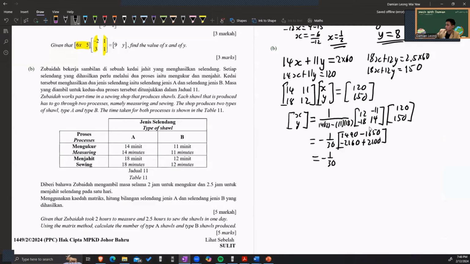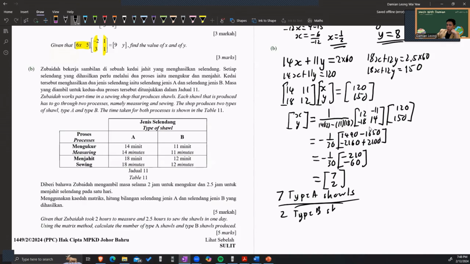So negative 1 over 30. This is negative 210 and negative 60 times the negative 1 over 30 is 7 and 2. Yeah, means 7 type A shawls and 2 type B shawls. Yeah. Okay.